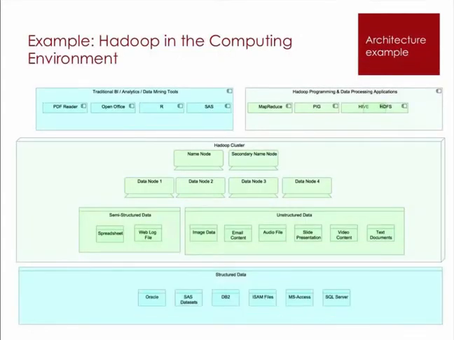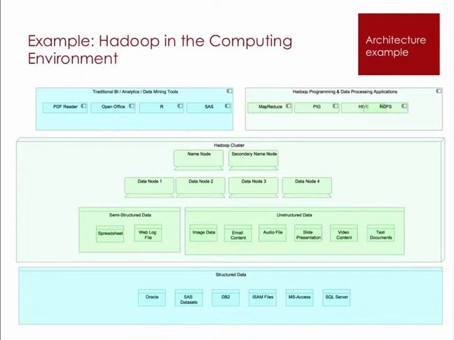This here is a little example of what's going on now in the industry. Companies have, with this new technology coming, added an extra Hadoop cluster layer, and a lot of companies are now doing this.